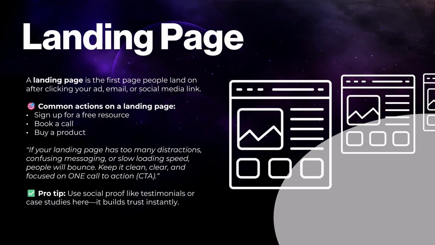A pro tip would be to use social proof like testimonials or case studies here. It builds trust instantly. Imagine you're walking down a street and in front of a restaurant you see a poster saying that today's chef special is at 50% off. And the entrance is really beautiful and inviting you in.